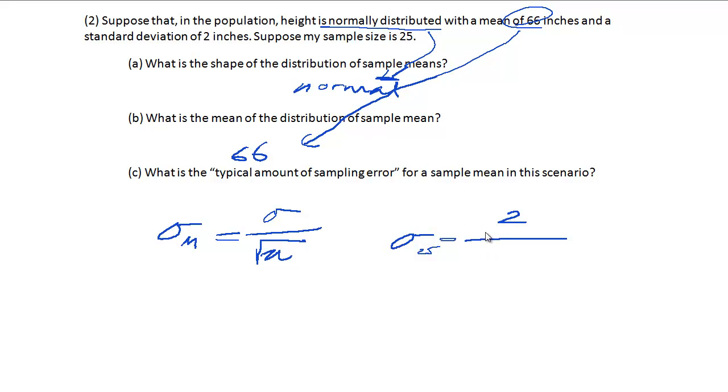So 2 divided by the square root of 25, in other words, 0.4. That's what it is.